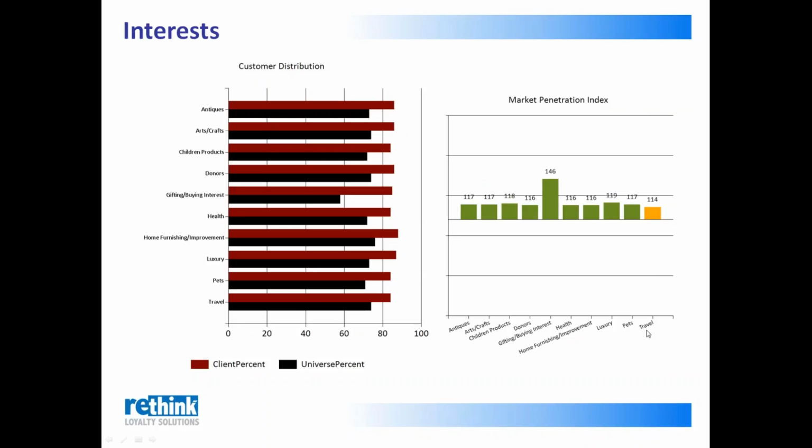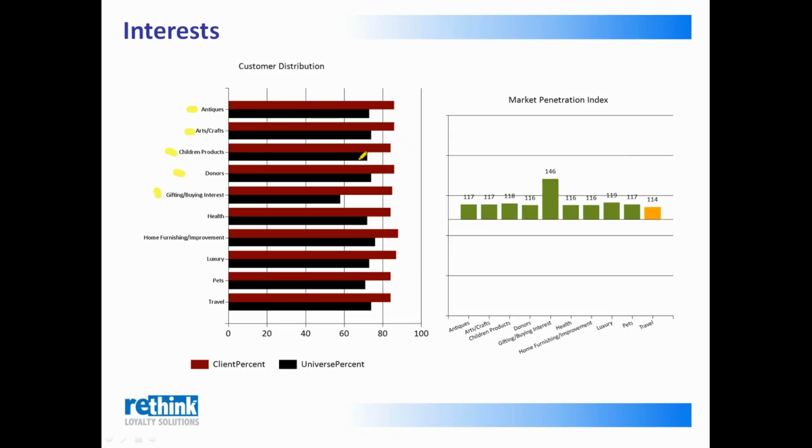Right. Okay. All right. Interests and hobbies, this just becomes a big blob. One of the things about interests is they're not mutually exclusive, right? So you can have an interest in antiques and arts and children and donors and so on.